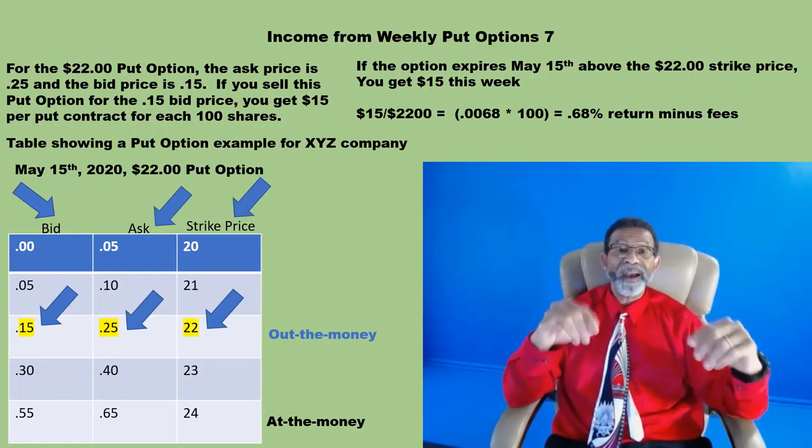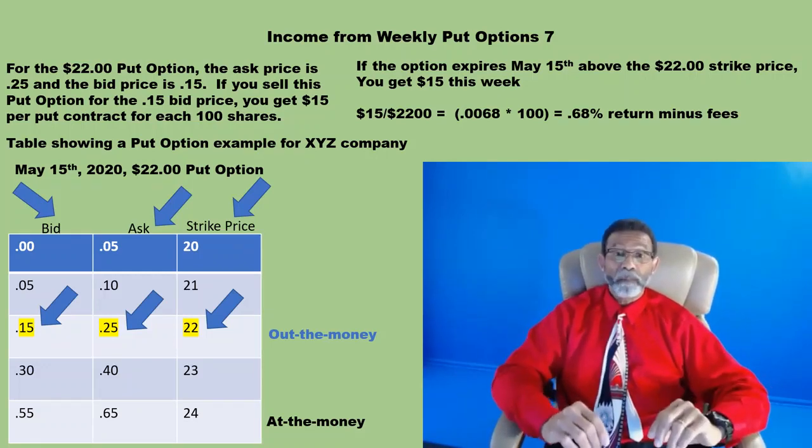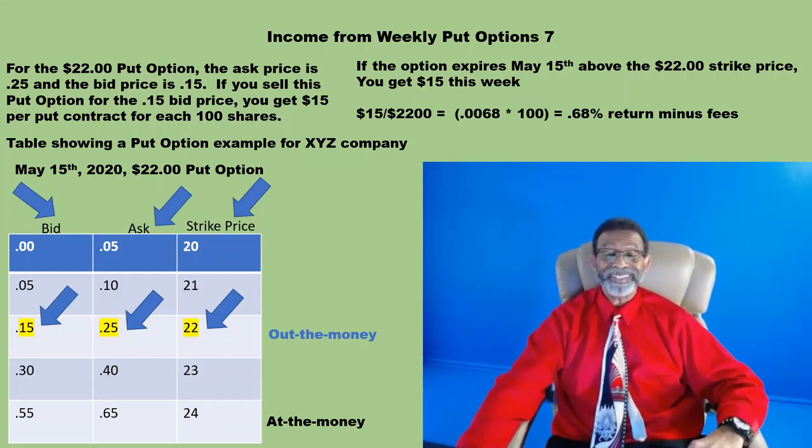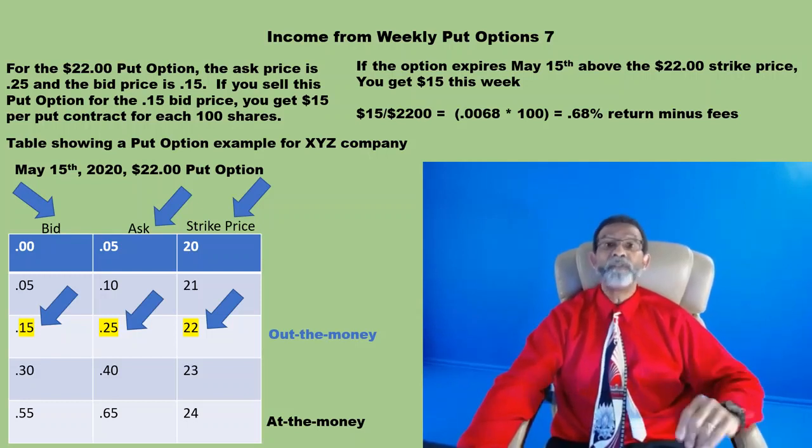Now, if you divide $15 by the $2,200, you get 0.0068. Multiply that times 100, and for that week, for that option, 0.68% return minus any other fees.